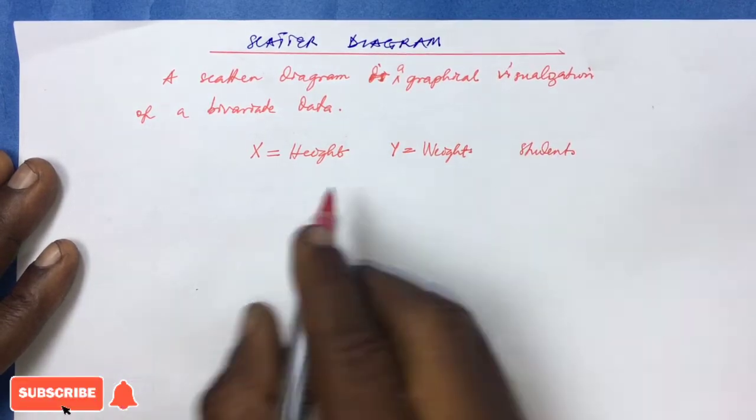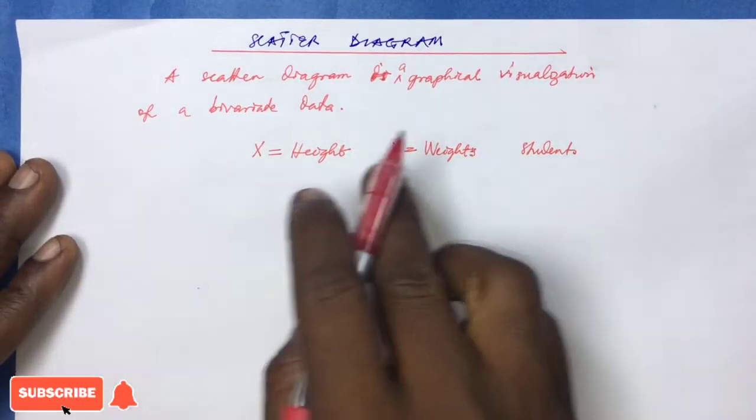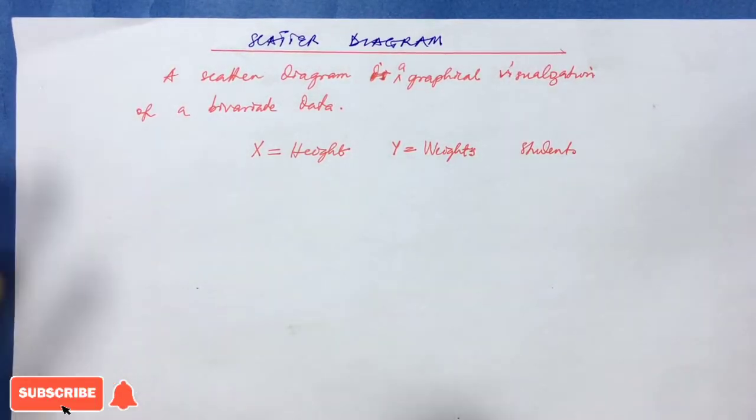Height and weight in relation to students would obviously give you a bivariate case.